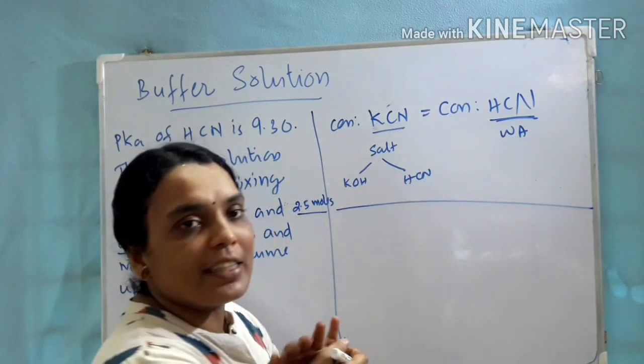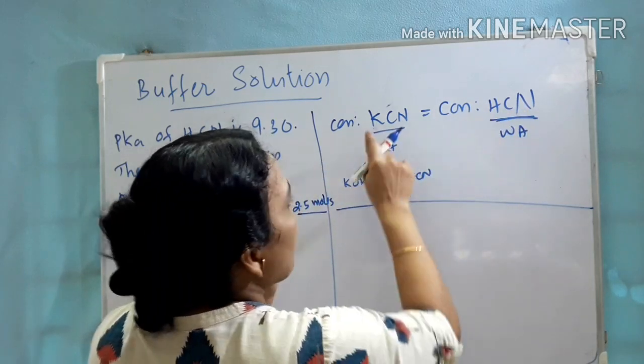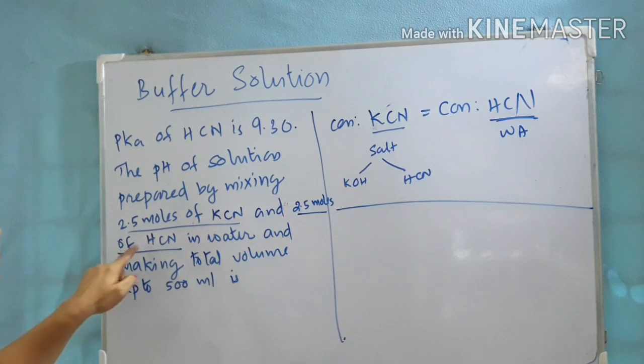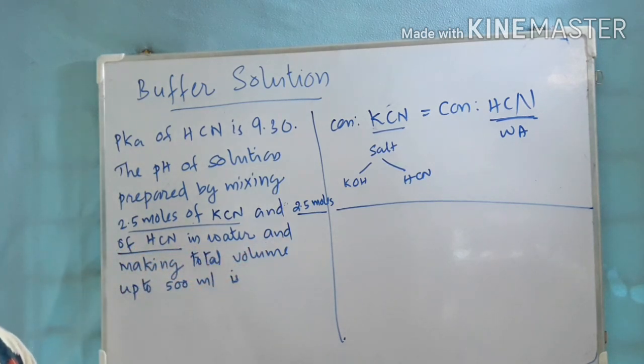Come to this. Now we identify it is a buffer. Then what is the concentration of KCN and HCN? Both are equal, it is given. So 2.5 moles of KCN and HCN in water, making total volume up to 500 ml. So 2.5 moles present in 500 ml.